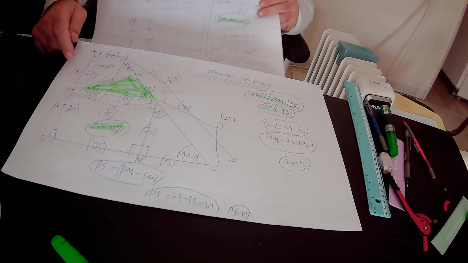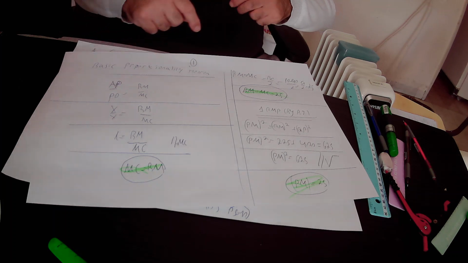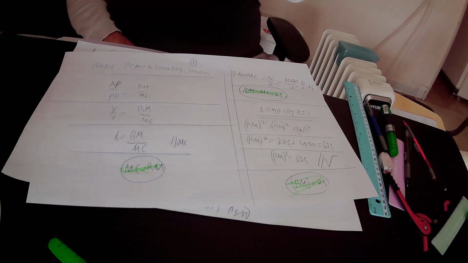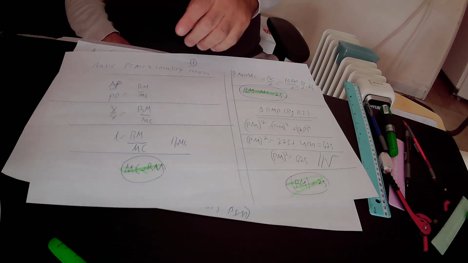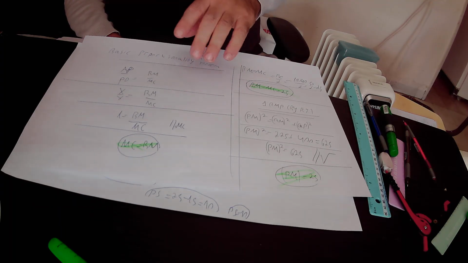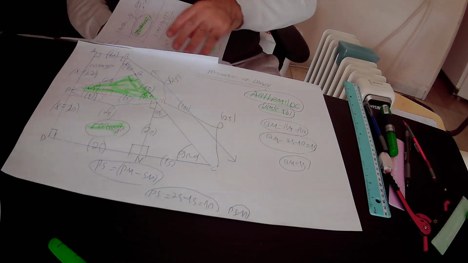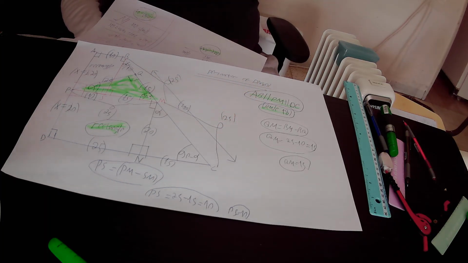So substitute AP by X and PD also by X. So X over X equals BM over MC. X over X is 1, so in total we find that 1 equals BM over MC. If you multiply the equation by MC, we find out that MC equals BM.